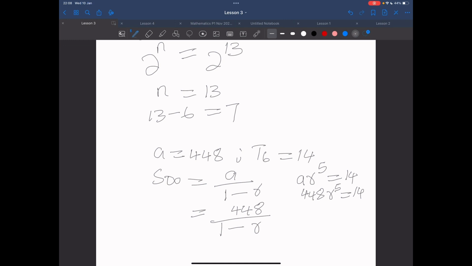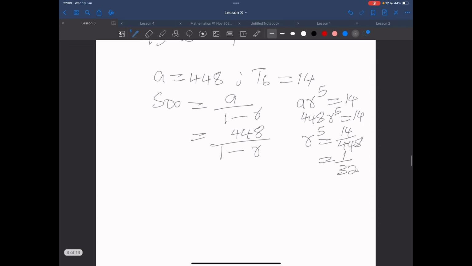We divide by 14 both sides, so R to the power 5 will be 14 over 448, which gives us 14 into 14 goes once, and into 448 it goes 32 times. So this is 1 over 32.